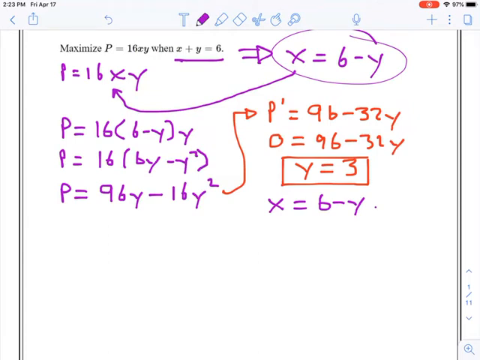And so then x is equal to 6 minus 3, so x is also equal to 3. So that is the x value that will maximize this problem. But to answer the question fully, there's 3 parts to the problem that you'll see in more. We also have to find out what is the maximum value of p.